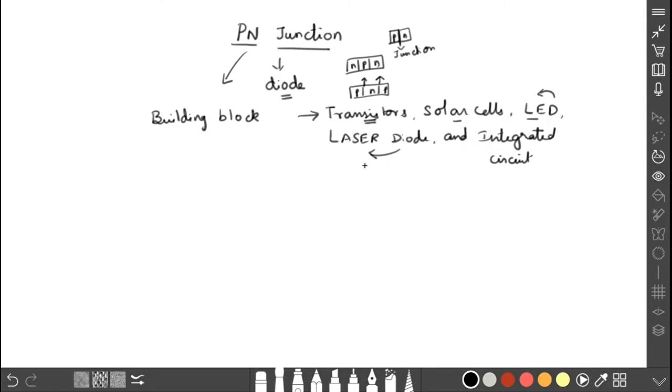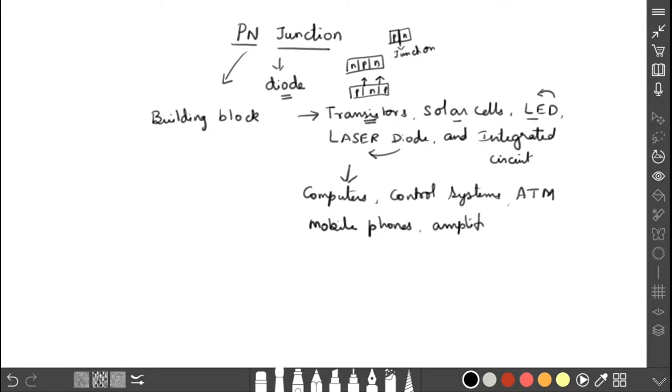And these devices are the fundamental building blocks for electronic devices such as computers, control systems, ATM machines, that is automated teller machines where we get money, mobile phones, amplifiers, etc. Now you get the idea where this PN junction is related.